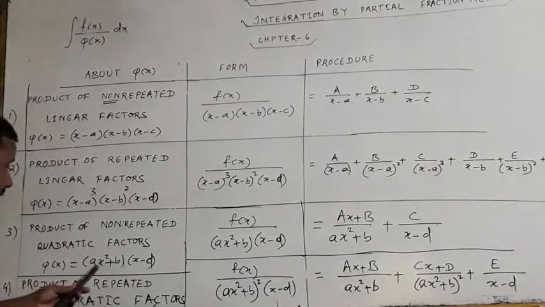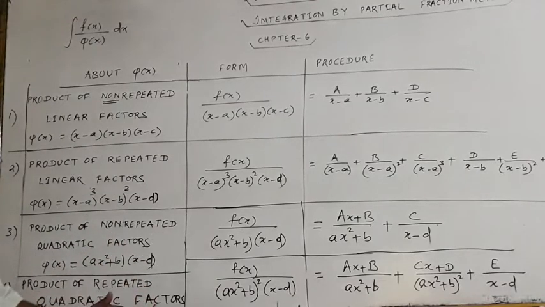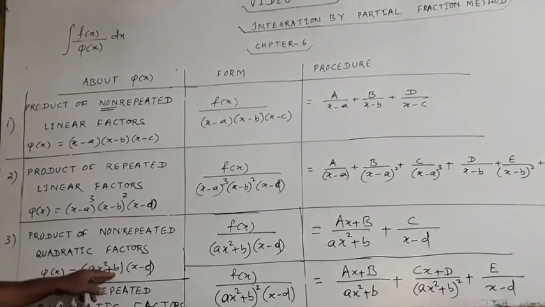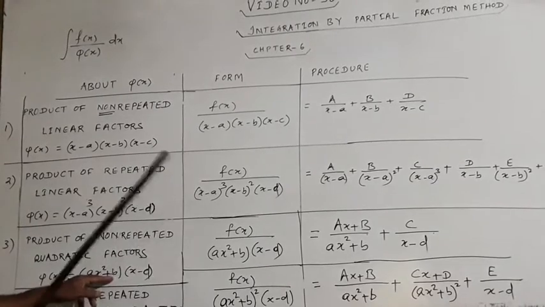You should not tell this as x square minus 4, because if you take x square minus 4, I can factorize it into a new form, that is x plus 2 into x minus 2. This ax square plus b cannot be factorized again.